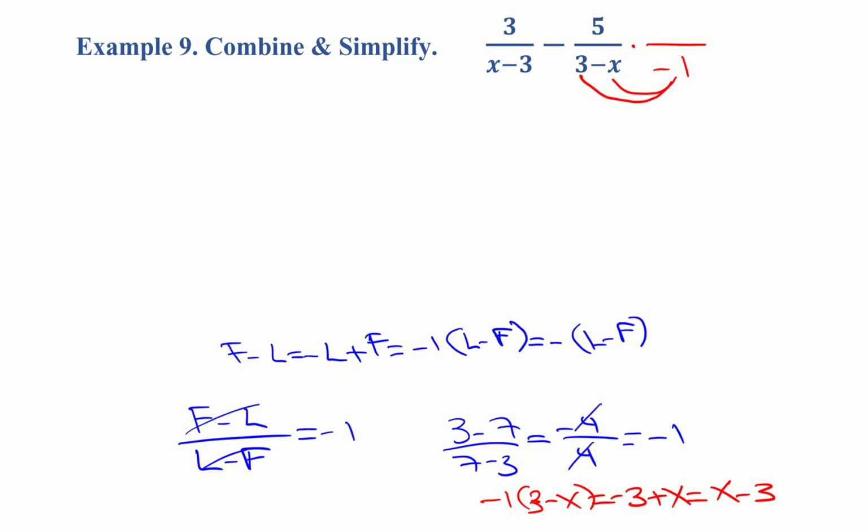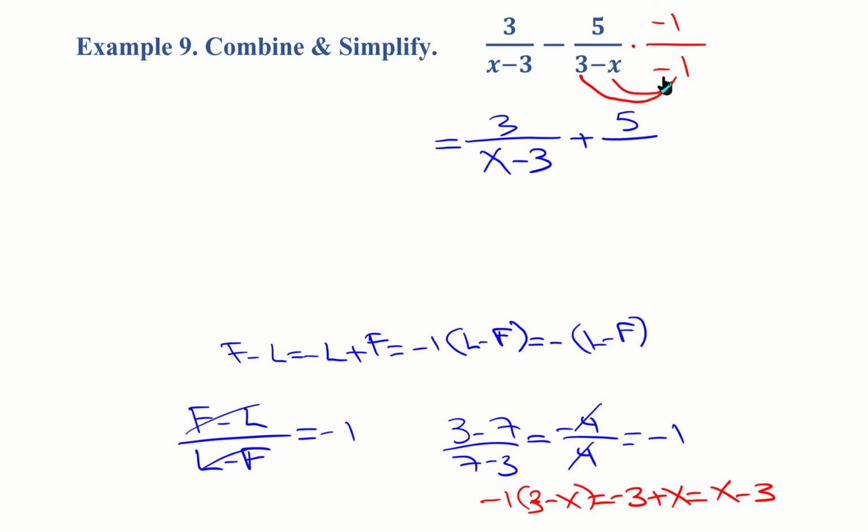But don't forget, you can't just multiply the negative 1 on the bottom there. You have to multiply it on the top as well. So watch what happens. Now the 3 over x minus 3 doesn't change at all because we're not doing anything to it. But notice here you have negative 5 times negative 1. So now that's going to turn into plus 5.